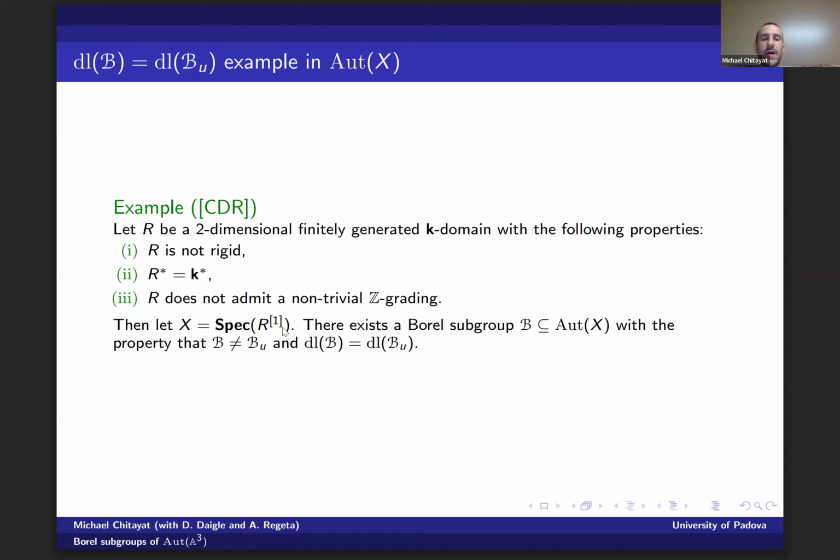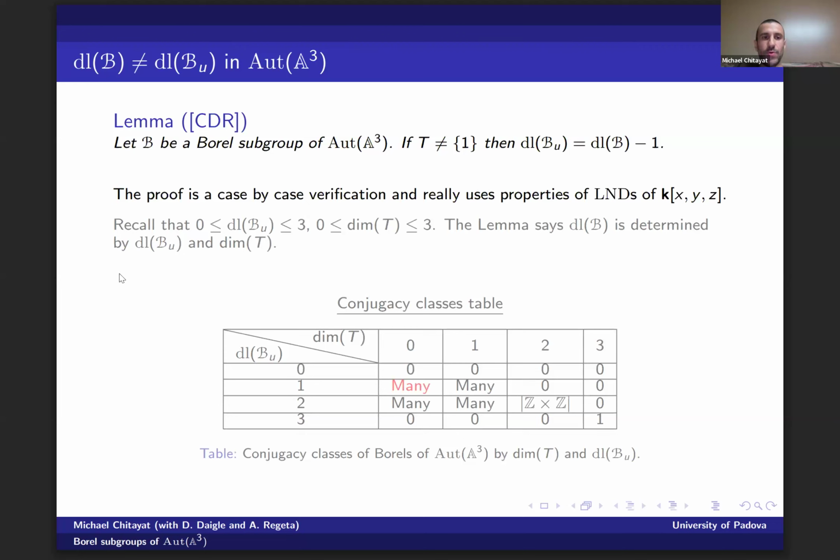Now, luckily for us, or let's say interestingly, when you look at the special case that X is affine 3-space, actually you always get that the derived length of the unipotent part is strictly less than the derived length of the Borel itself, as long as your torus is non-trivial. So the lemma is as follows: if B is a Borel in Aut A3 and T is non-trivial, then the derived length of the unipotent part is actually equal to the derived length of the Borel minus 1.